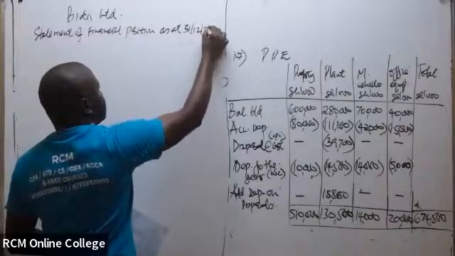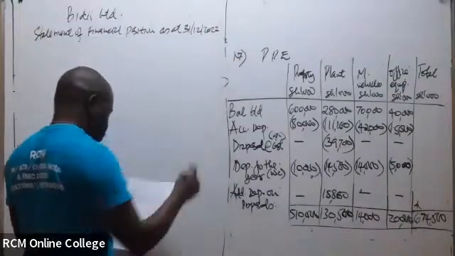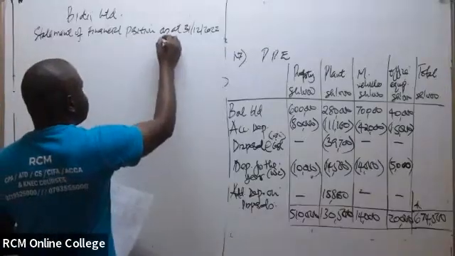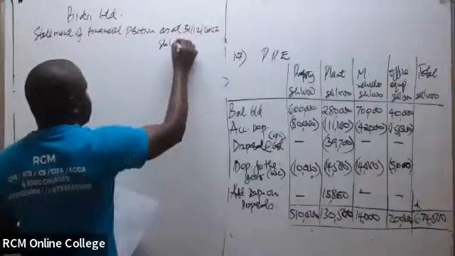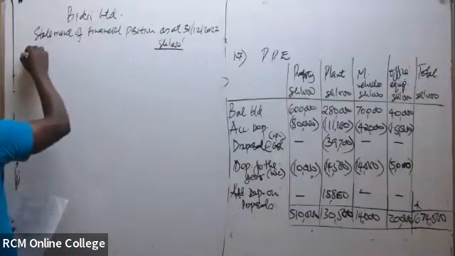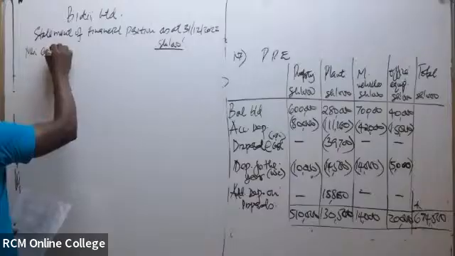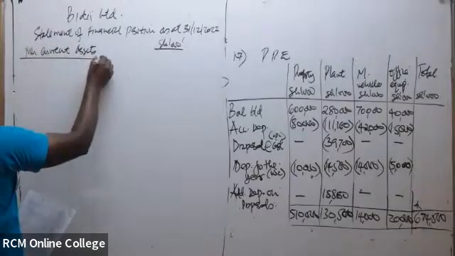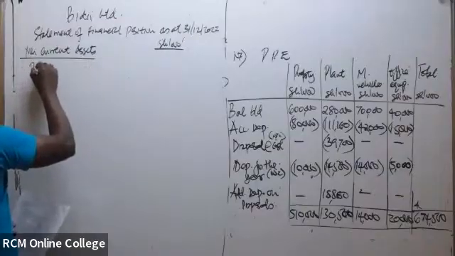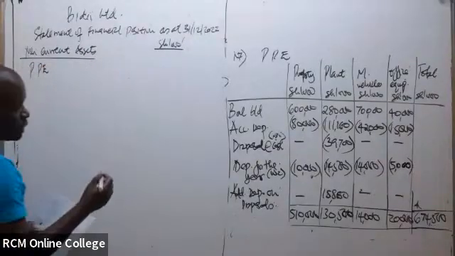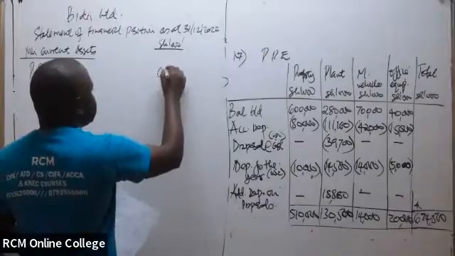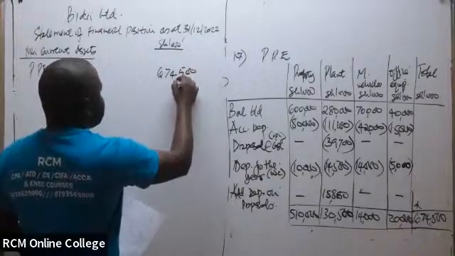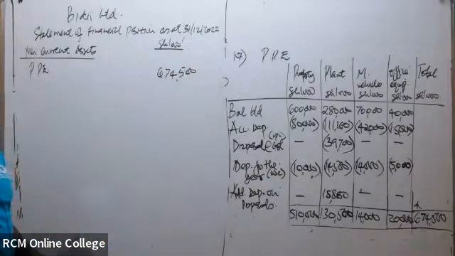In this case we have our shillings in thousands. We can automatically start with the non-current assets. Here we have property, plant and equipment, which we've gotten as 674,500.